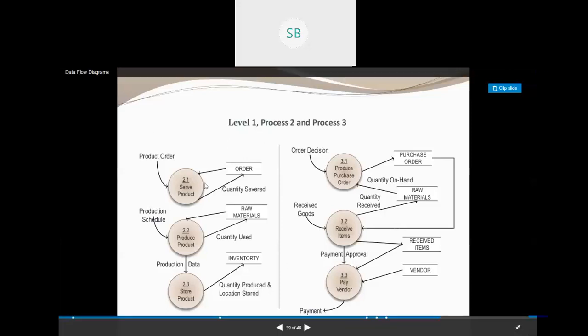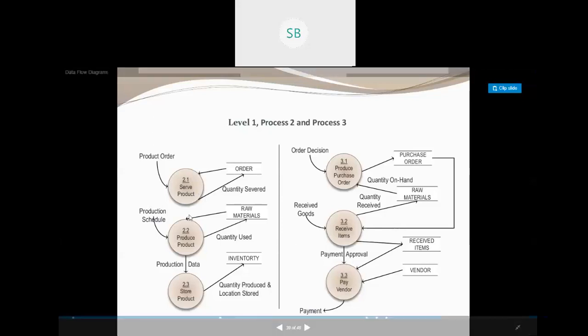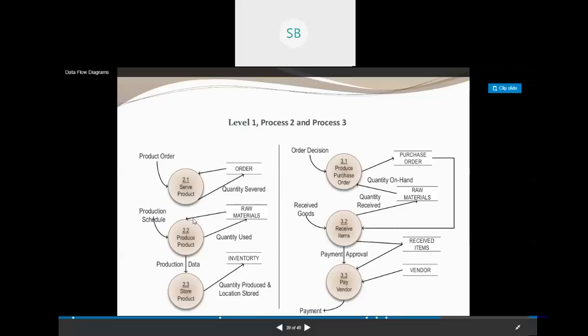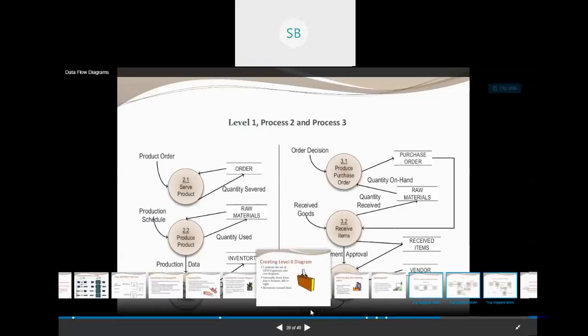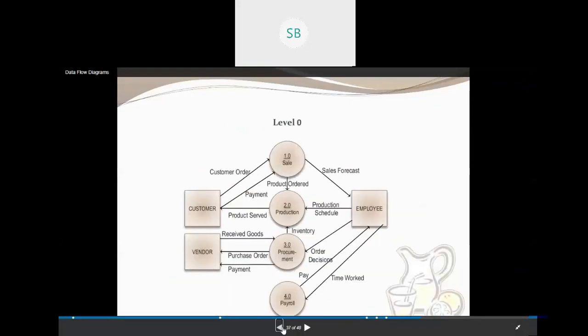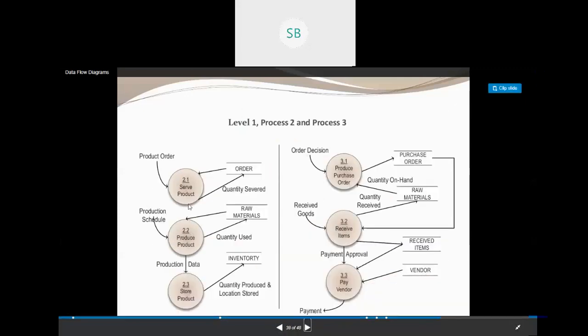So every process, after the first was broken down, we have got the second. Production is broken down into store product, produce product, and we are storing the data in the data store inventory.